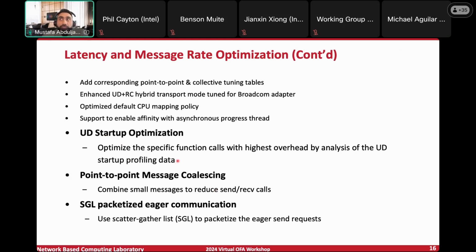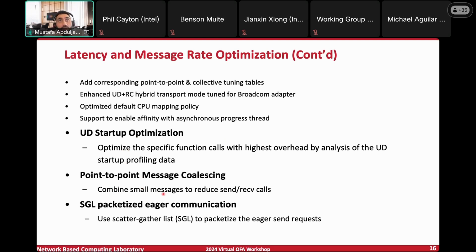So we were able to cut that overhead significantly by eliminating some inefficient calls in the critical path of the execution of the UD startup. And we've adopted point-to-point message coalescing, in which we combine multiple small messages to reduce the number of send and receive calls that are done at the IB verbs level, at a lower level than the MPI.